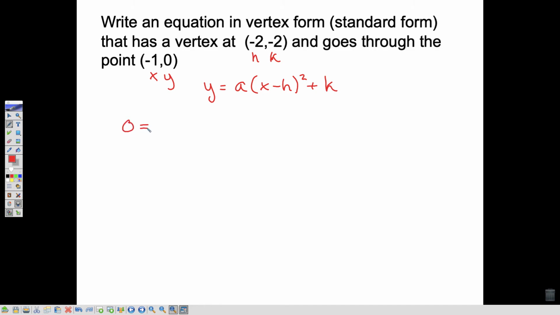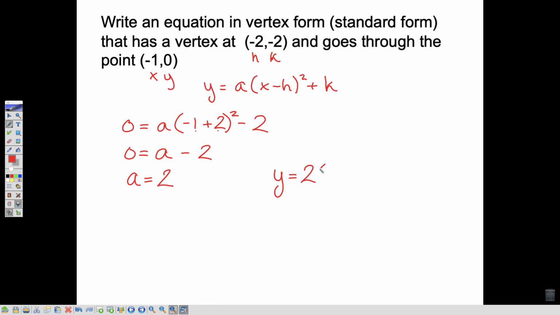Maybe I missed it. No, you're square. It's not square.